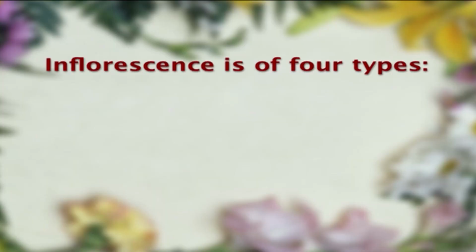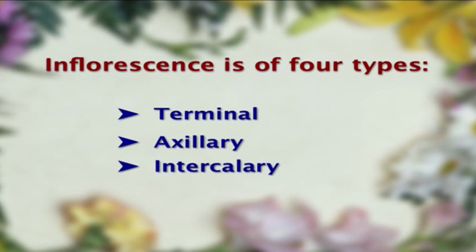The inflorescences in plants are of different types depending upon the mode of development and the arrangement of flowers. On the basis of origin, usually 4 types of inflorescences are recognized. These are terminal, axillary, intercalary and cauliflorous.